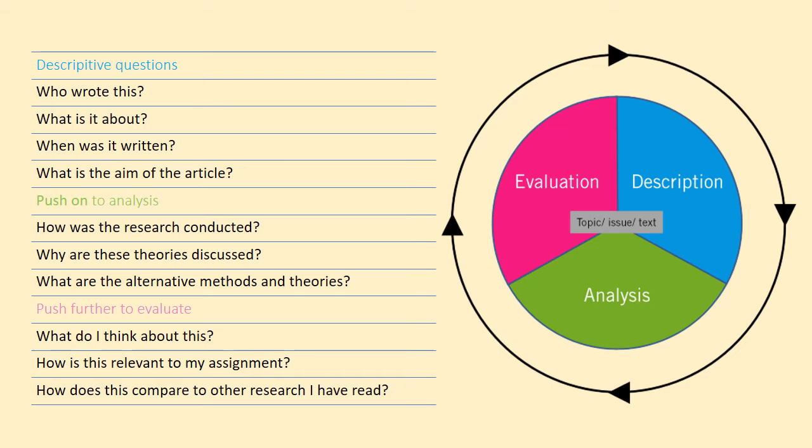And we're pushing on, and we're thinking all the time, what do I think about this? Okay, this is a good study. What do I think about this? This study seems a little bit odd. It's just about cycling. I'm not really sure whether I can use that here. We're really zooming in on our reading and asking these sorts of critical questions.